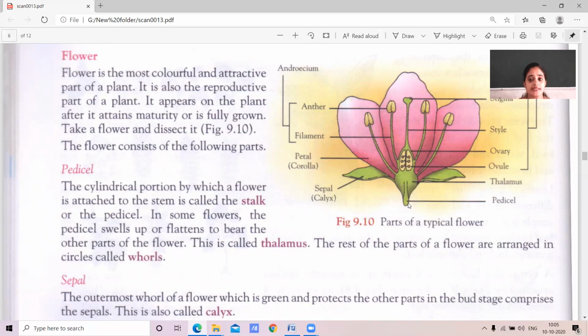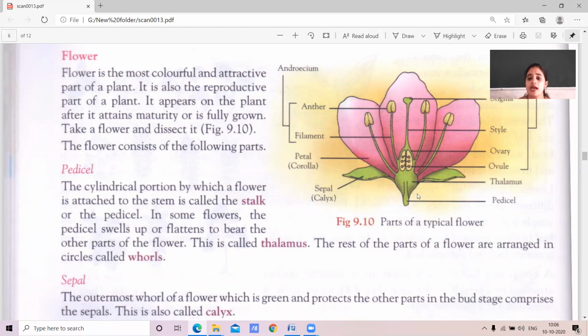In some flowers, the pedicel swells or flattens to bear the other parts of the flower.